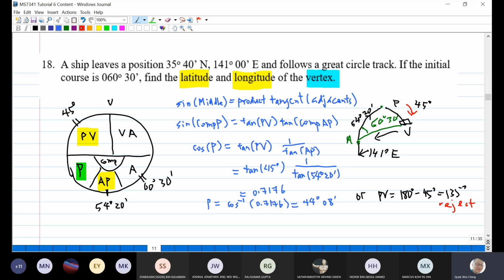So that means this angle is 44 degrees, 8 minutes. Because the ship is actually going to the east, right?